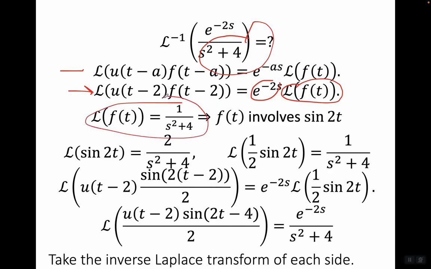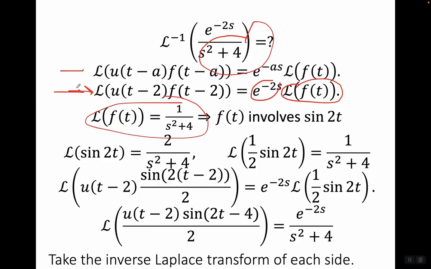Notice that means f(t) is going to involve sine 2t, based on what we've seen on the Laplace transform sheet. The Laplace transform of sine 2t is not 1/(s²+4), it's 2/(s²+4). So that means the Laplace transform of a half sine 2t is going to be 1/(s²+4).